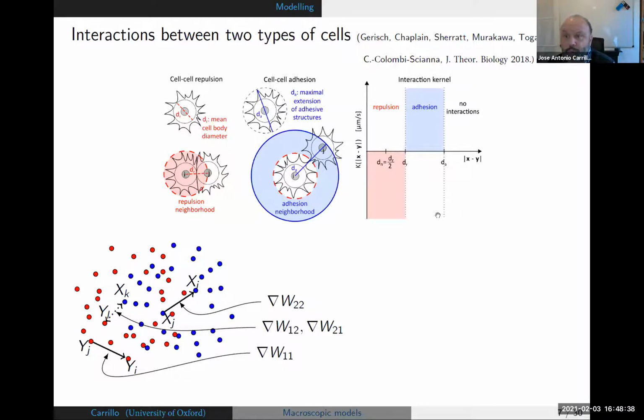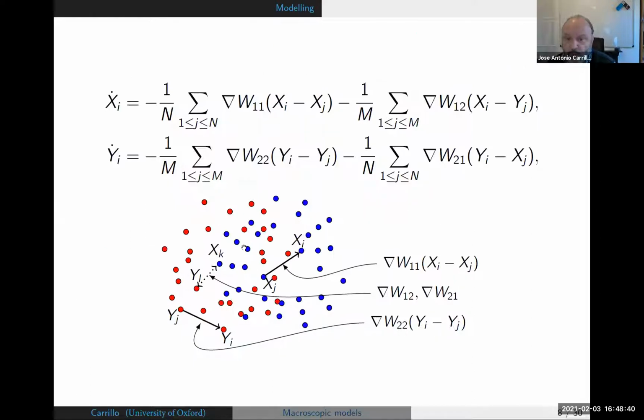Okay, and also if you want to do that for two species, like I had in the experiment of Togashi about cell adhesion, then I will incorporate the fact that the strengths of attraction could be different for different types of cells by assuming different potentials for the different interactions.